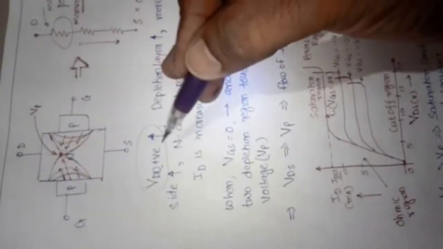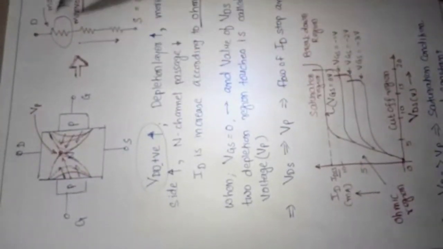Now when we increase the value of VDS, the portion of channel between drain and source behaves like a resistive drop.